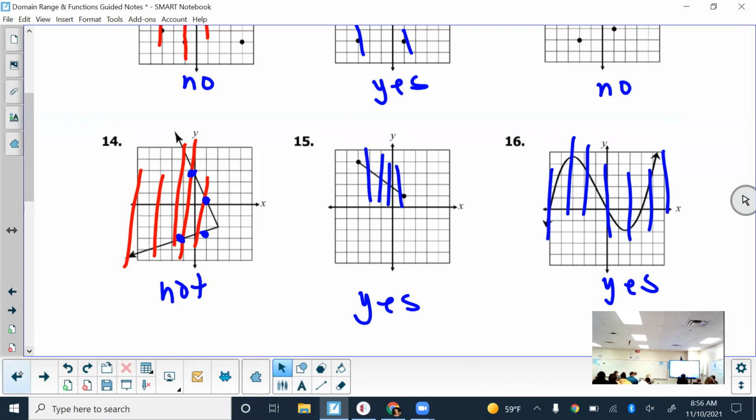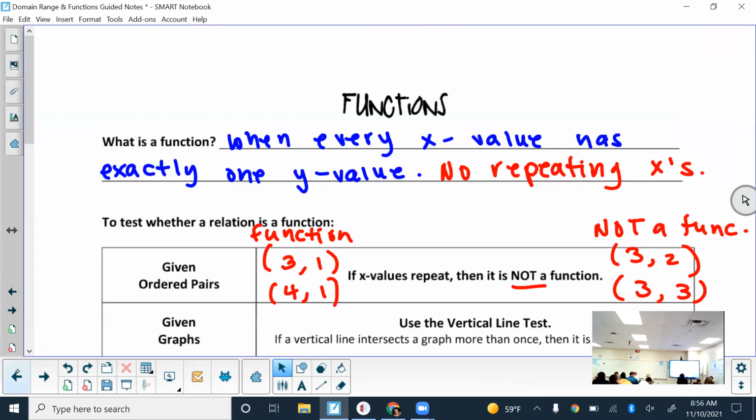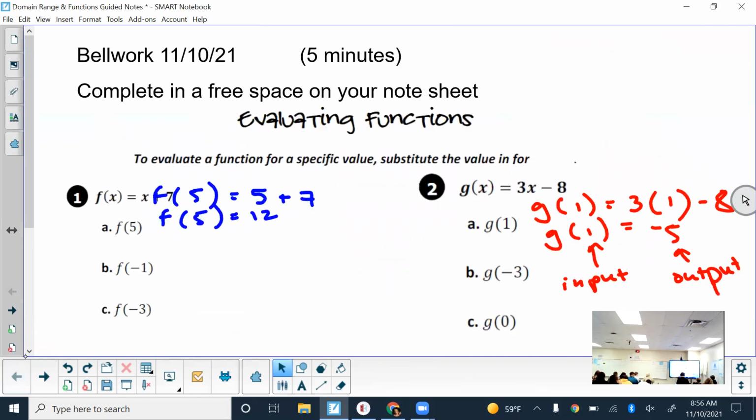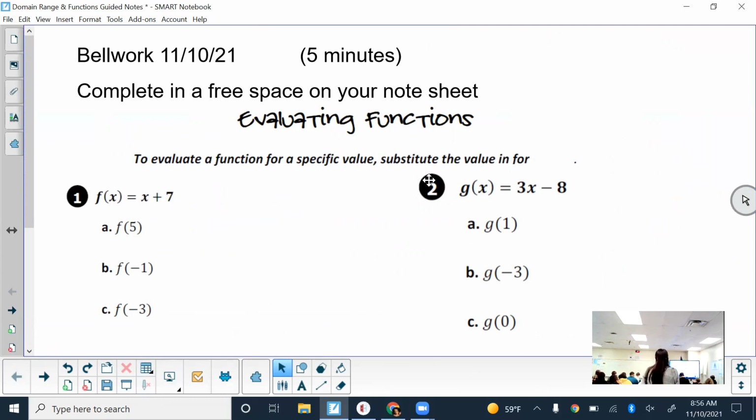There's one thing that I forgot to go over with you guys, so let's just go over it now. So also with functions was function notation. So just remember, function notation is that f of x stuff. So if I see things like in number 1, f of x equals x plus 7, and then it says find f of 5, what am I doing with that 5?